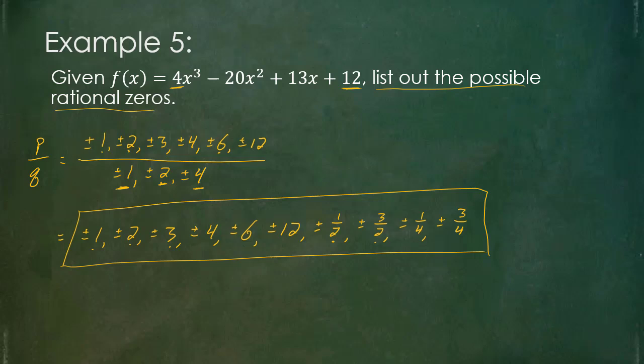In this case, it doesn't seem like that really narrowed it down a lot. But if you were to think in terms of how many numbers truly do exist, that definitely is a lot shorter list than going from negative infinity to positive infinity and just throwing random numbers out there. So ultimately what this is doing is just trying to narrow our focus down to at least some smart numbers to try with synthetic division, with again my goal being I want to have the final number or the remainder come back as 0.